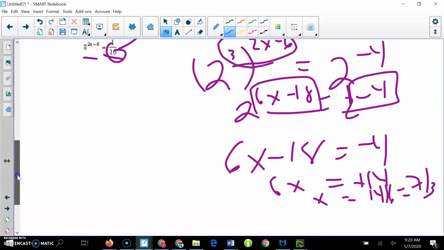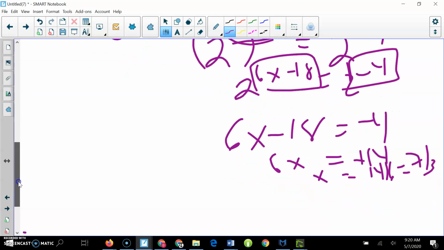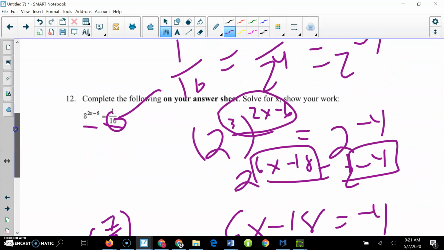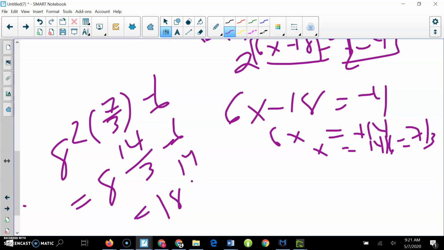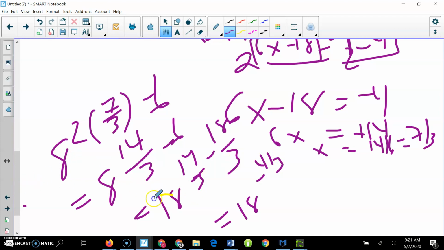And is that right? Well, let's try it out. 8 to the minus 6 is equal to the 8 to the 14/3 minus 6, which is equal to 8 to the 14 over 3 minus 18 over 3, which is equal to 8 to the minus 4/3.